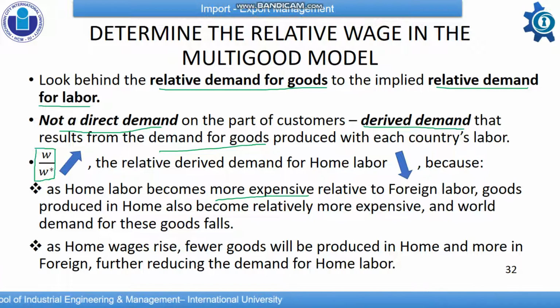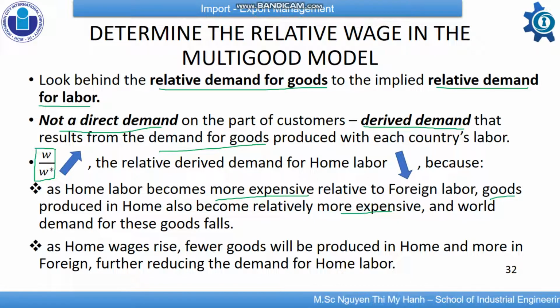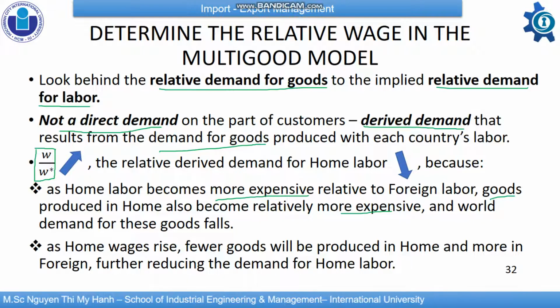So the goods produced in the home country also become more expensive. And when the price increases, of course the demand will decrease. So the world demand for goods produced in home will decrease.